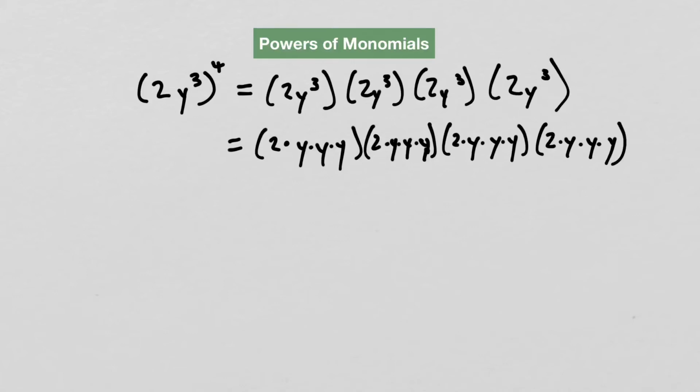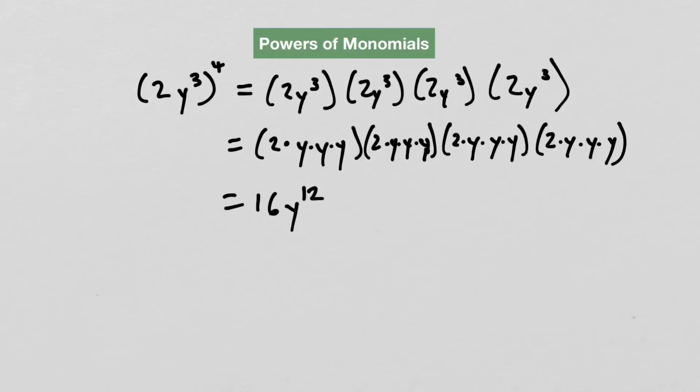Okay, we're going to multiply the 2's together. So 2 times 2 is 4, times 2 is 8, times 2 is 16. So we get 16. Then what we have left are y's, and we need to count how many there are. 1, 2, 3, 4, 5, 6, 7, 8, 9, 10, 11, 12. So 16y to the 12th power.